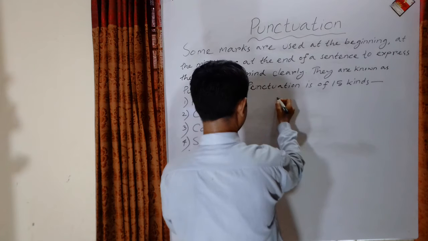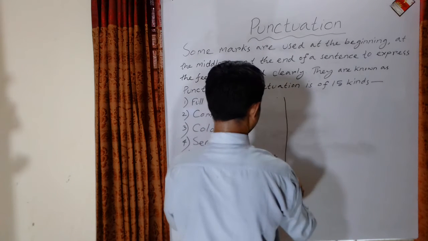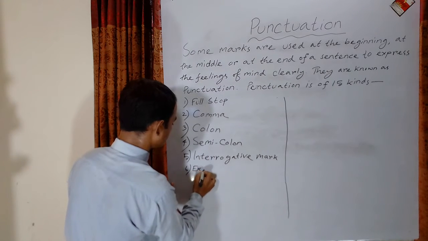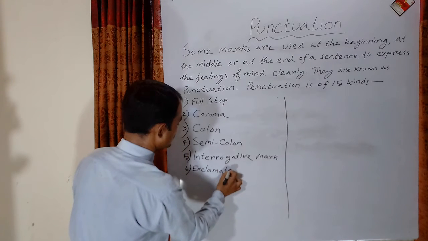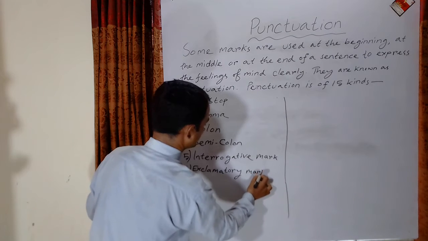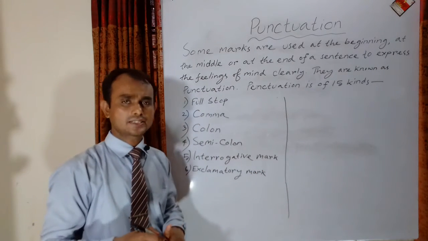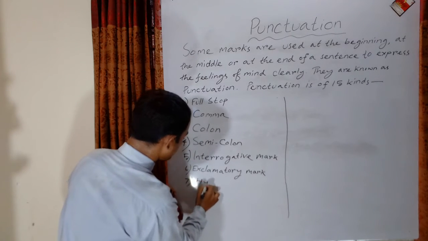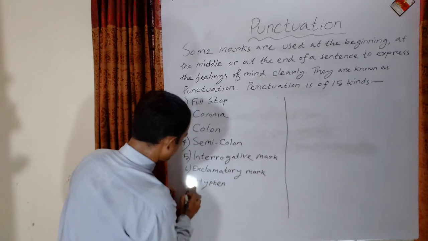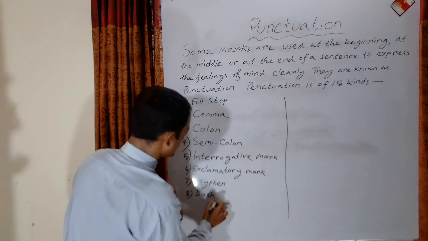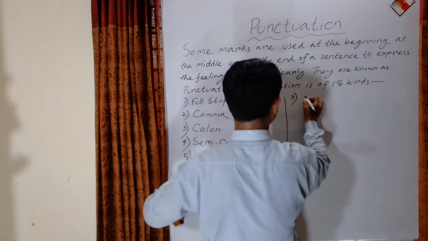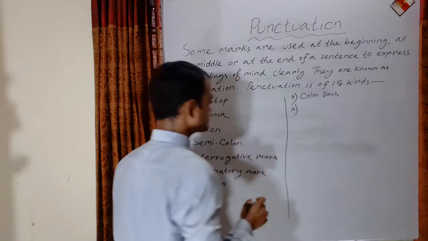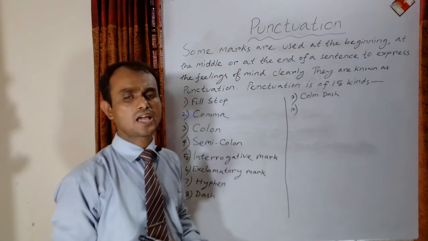Okay. Six, exclamatory mark. Then hyphen, dash, colon dash, apostrophe.